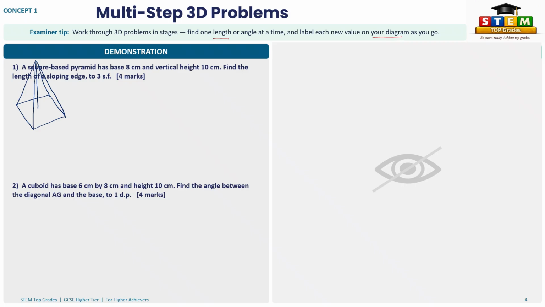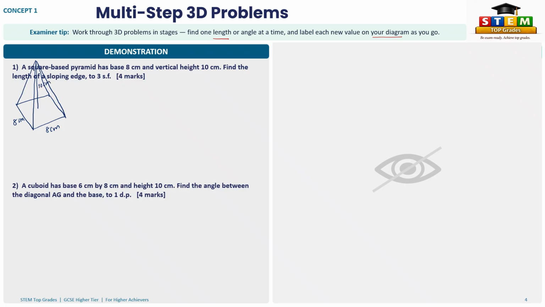If we label the sides 10 centimeters, sorry, it's 8 centimeters, not 10. Okay, so let's write 8 centimeters here. And the vertical height is 10 centimeters.